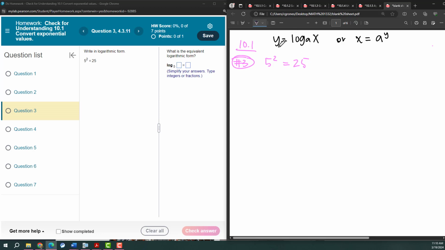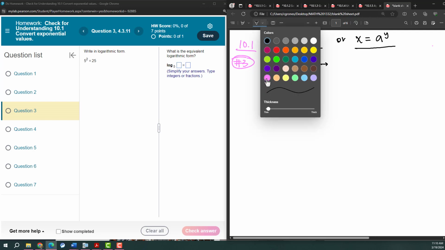I wrote this at the top, just what was from the notes, that y equals log base a of x, or x equals a to the y. So we can see what's going on. In this case, our x is going to be 25, because we're looking at the exponential form and we want to put it into log form. So x equals 25, 5 is going to be a, our base, and then 2 is going to be y.